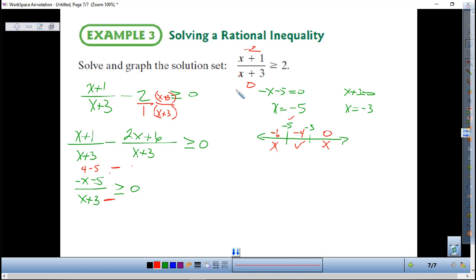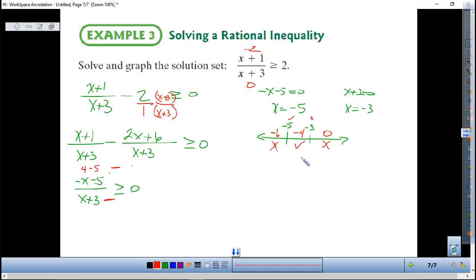Now, here's the thing. Why do we know it's not going to be part of our solution set? Because it makes this thing undefined. If we're looking for the solution set, we're looking for all x. For a solution, it has to be part of the domain of the function. The -3 is not, because of the division by 0 here. So we include -5, but we do not include -3.